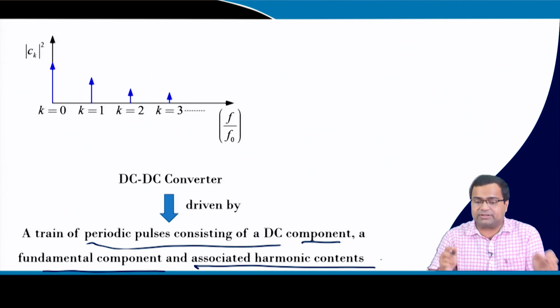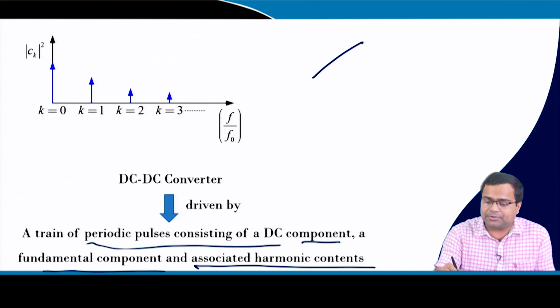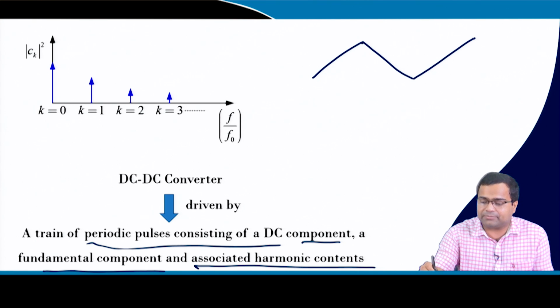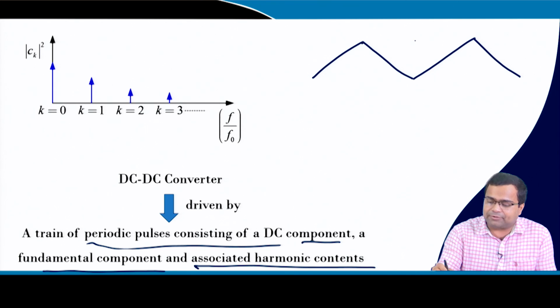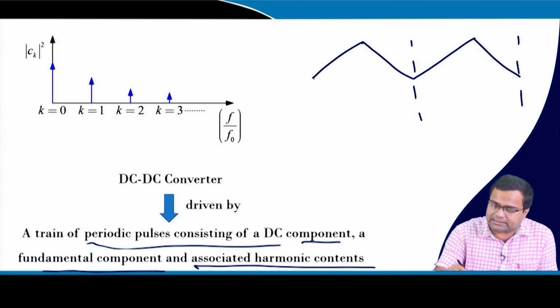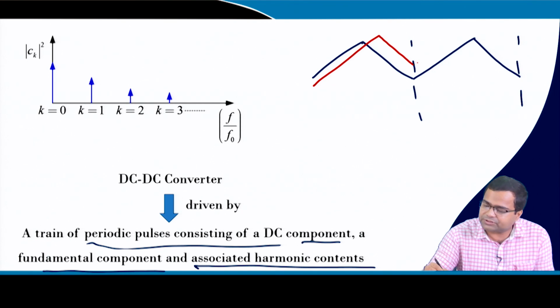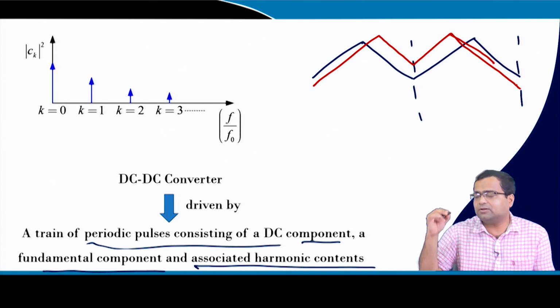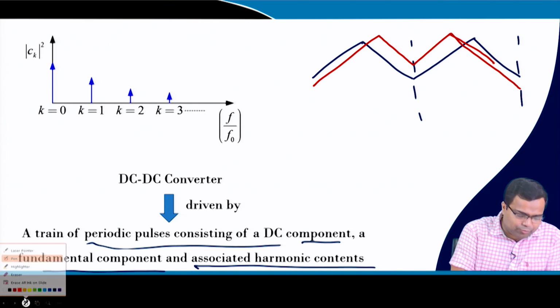If there is a subharmonic, suppose this is a periodic waveform I am just drawing, but for the same time period, if you draw another waveform which is something like this, this is my subharmonic component.